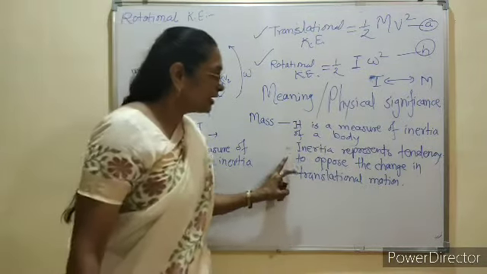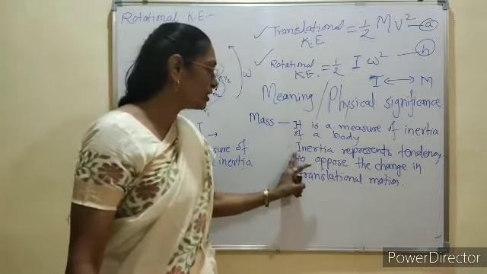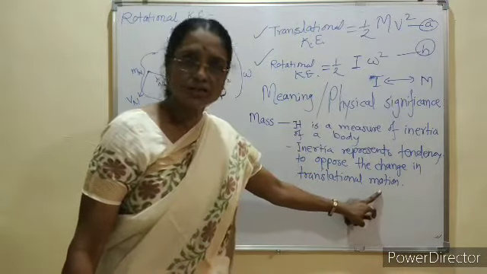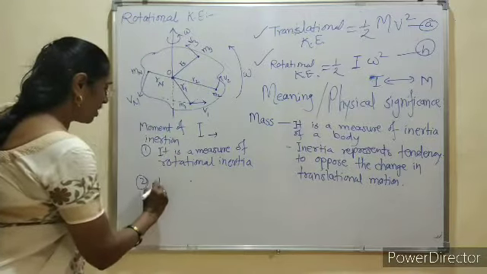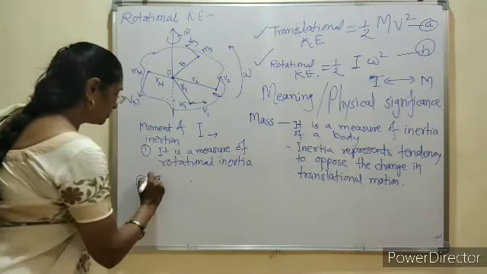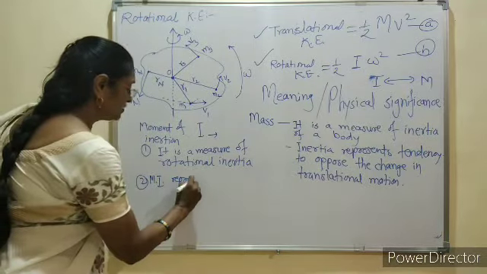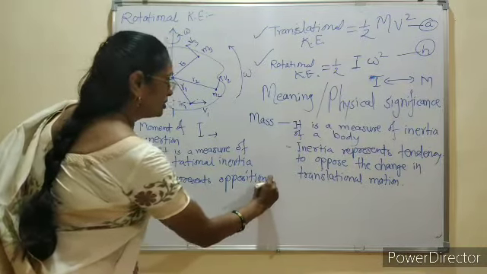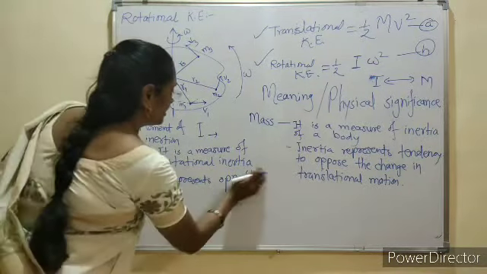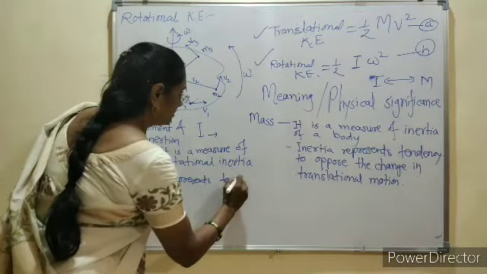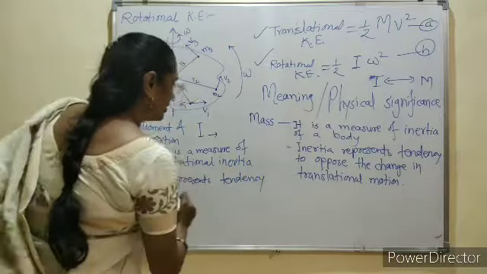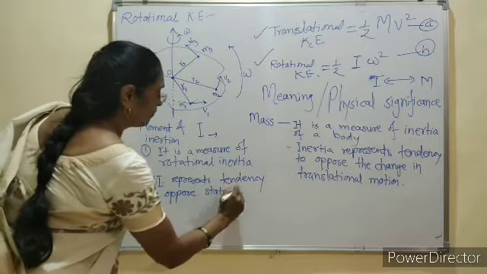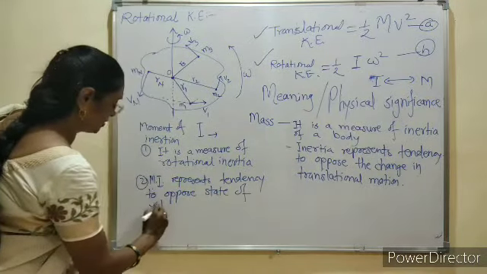Now what can we write for the second? In case of mass, we have written that inertia is the tendency to oppose the change in state of translational motion. Here we write that I, or moment of inertia, represents the tendency to oppose the change in state of rotational motion.